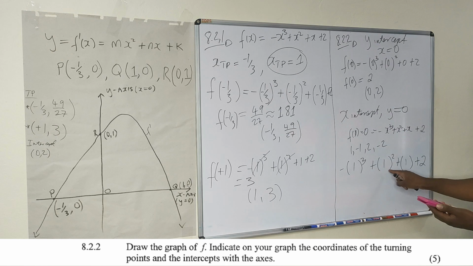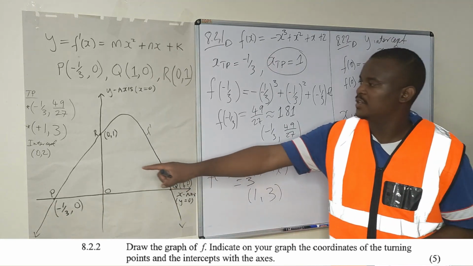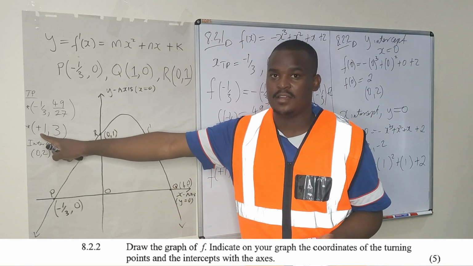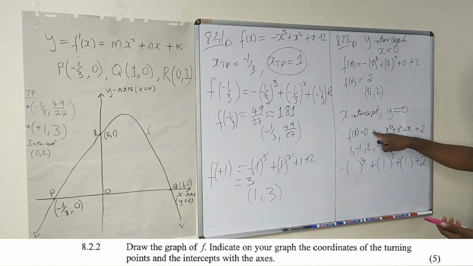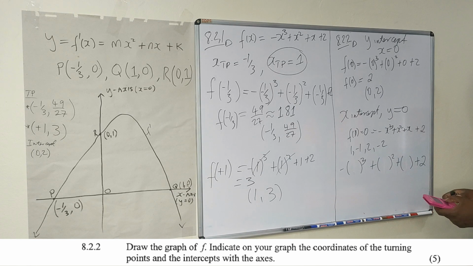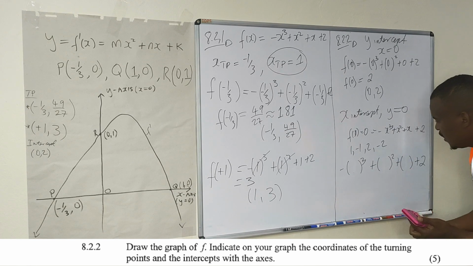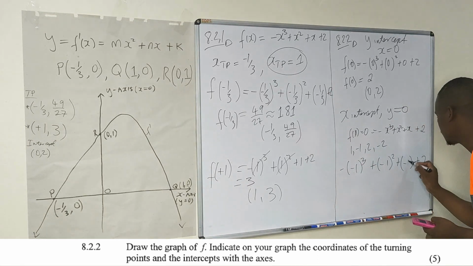So if you put 1, all of it, you get 3, right? Which does make sense because you had this 1 and 3 here. So 1 is not our factor satisfying this equation to give us 0, right? Then you go for minus 1, put minus 1 here, minus 1, minus 1, minus 1.